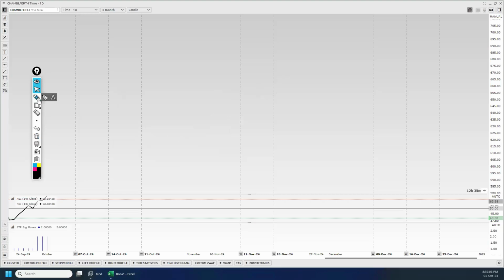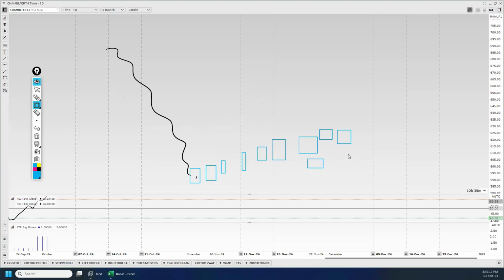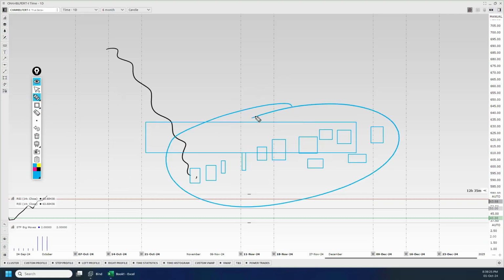Now let me take one more scenario. Market was going down. At the bottom, you are not getting any jackpot, but what you are getting is a series of strength candles. In this one, a series of strength candles you are getting. This is good.